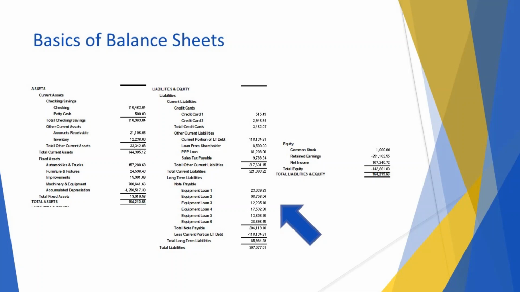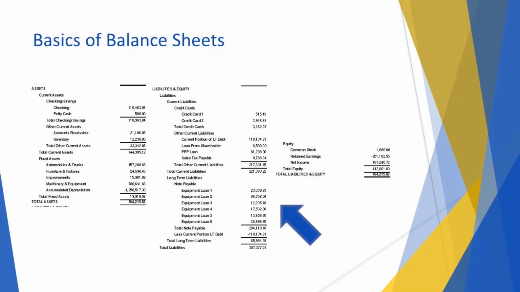We have a loan from shareholder on the books, a PPP loan, and sales tax payable. The next section is long-term liabilities. Several equipment loans on the books totaling $204,119. Now back to the current portion of long-term debt. To calculate, you look at the next 12 months of payments and add up the principal portion.